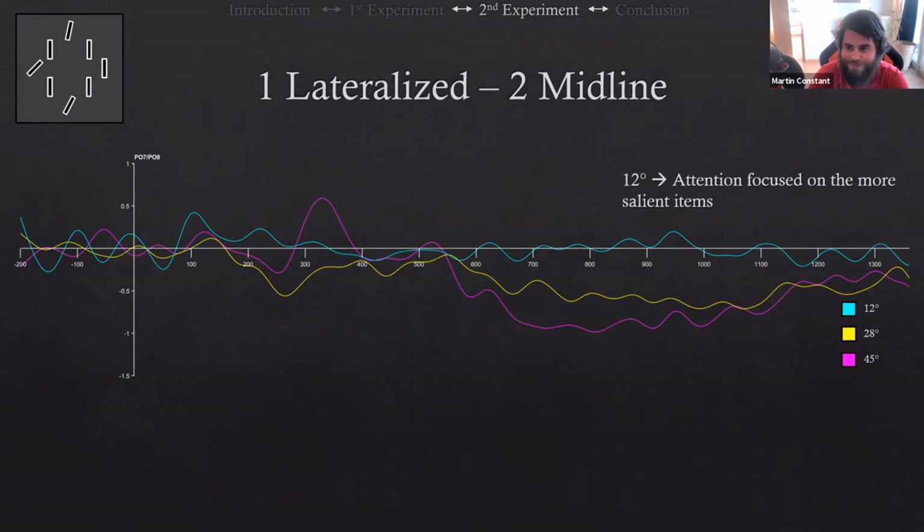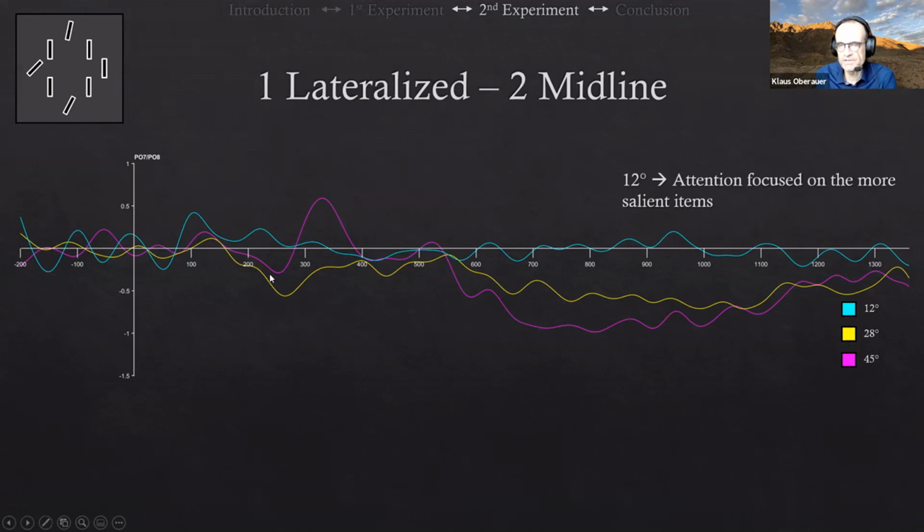The way I saw your curves, it looked like the N2PC for the 28 and 12 degree came about 50 to 100 milliseconds earlier than the positivity to the 45 degree, which looked like you first attend to the weaker targets, and then 100 milliseconds later, you suppress the stronger one at the point in time where that's no longer necessary.